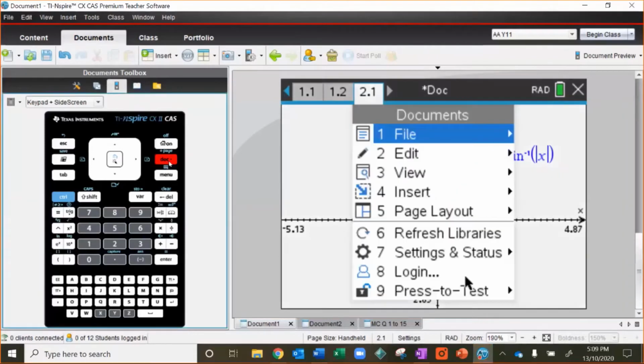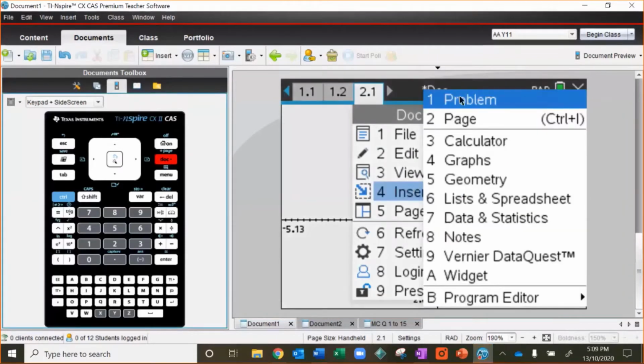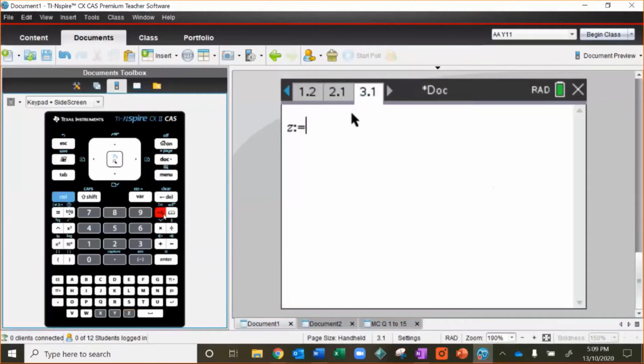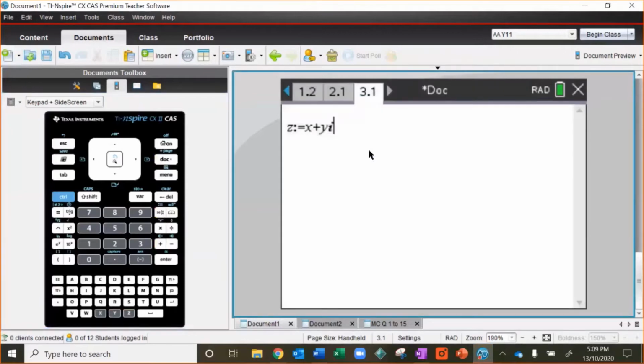So let's insert a new problem so we don't have any interference with what we were doing before. And again, we'll say let z be equal to x plus y i, and use i from here.